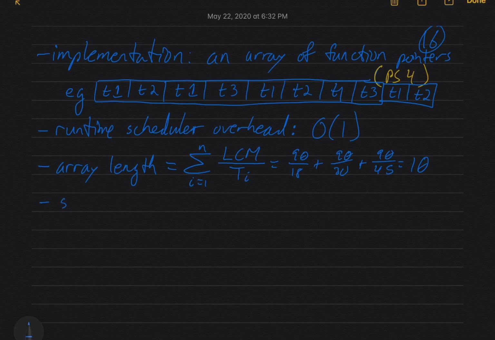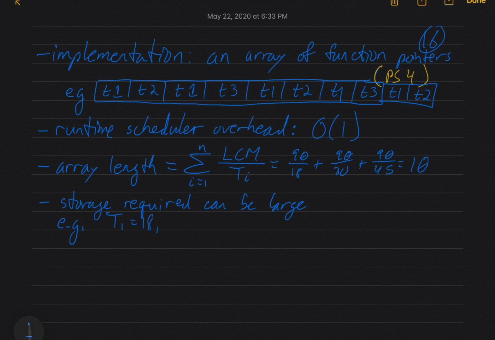The storage required can be large. So let's just say, for example, our task set has 5 tasks.